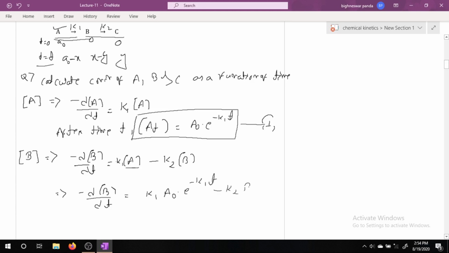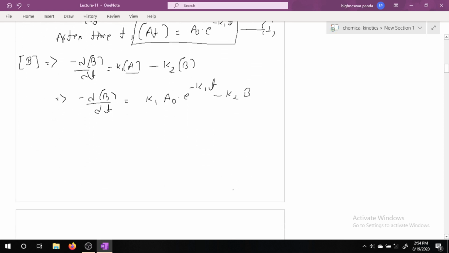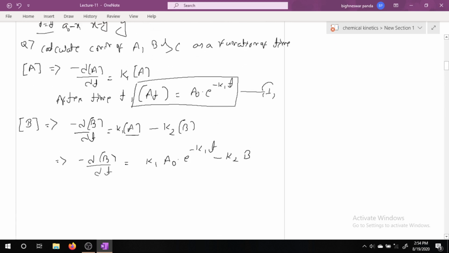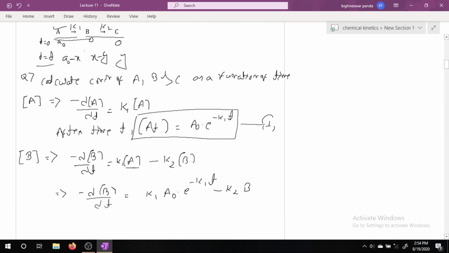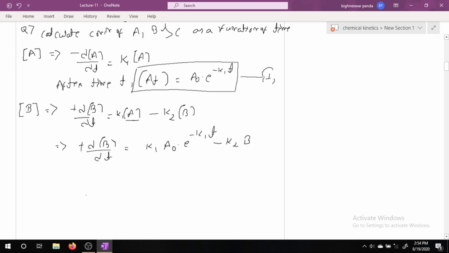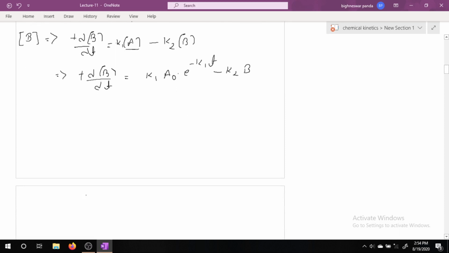Since B is a product, rearranging, dB by dt plus K2B is equal to K1 A naught e to the power minus K1t.